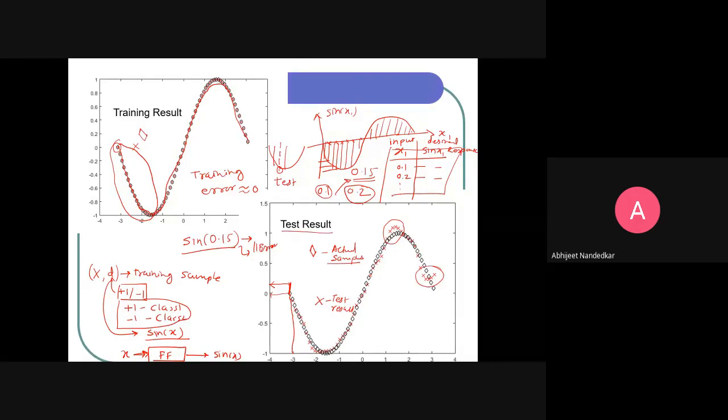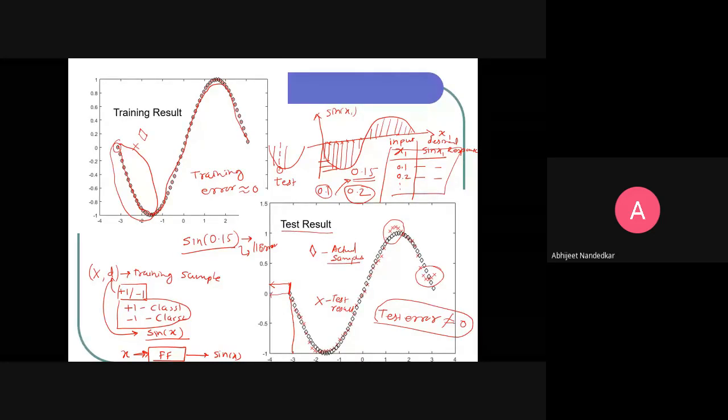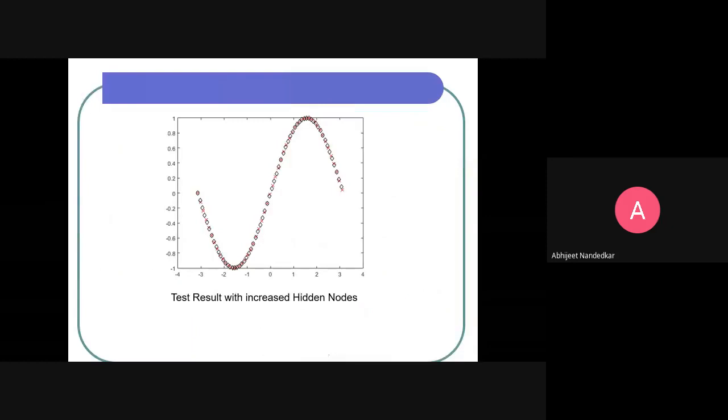So test error is not equal to 0. There exists test error. That means the network has not learned to the desired level. However, the network has learned the training samples. Now what we can do is increase the hidden nodes.